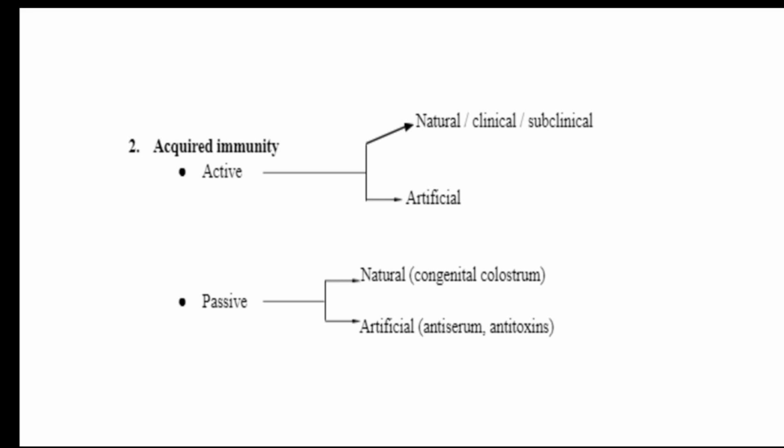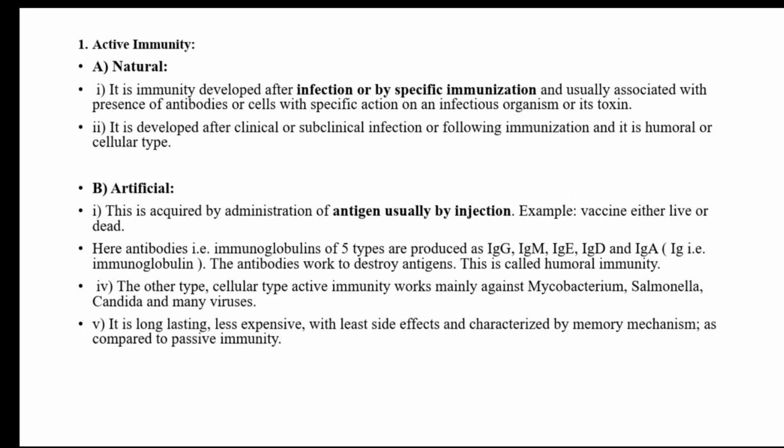Here you have seen that in active, natural is clinical or subclinical infection, and the same is there in passive, natural being congenital, colostrum from which the antibodies are obtained. Then in passive artificial, it is either anti-sera or antitoxin, and in active artificial, it is generally a vaccine, an antigen containing preparation. So this is the basic thing which we have seen in detail, but we'll go through it again.